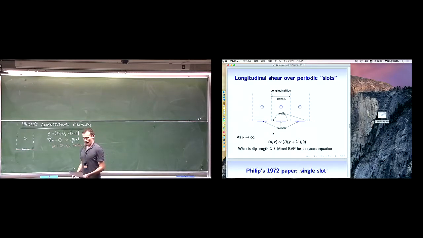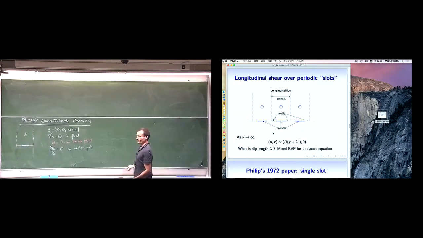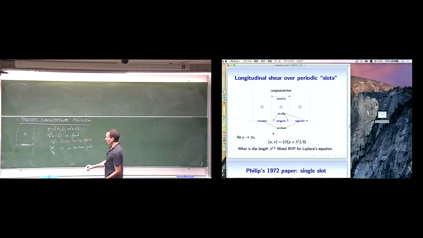And the no shear condition, let me just tell you, is this. You need the normal gradient to be 0 on the no shear. And we want it to be periodic across the period window.